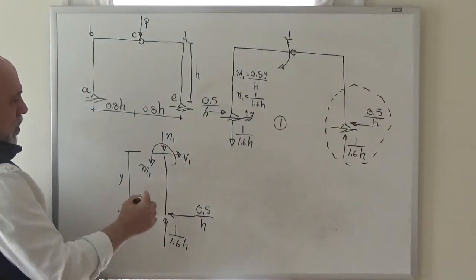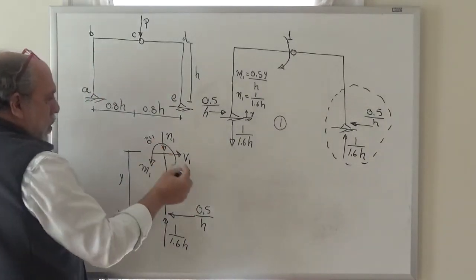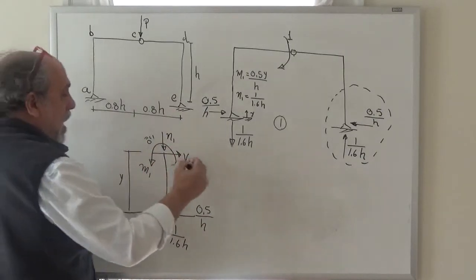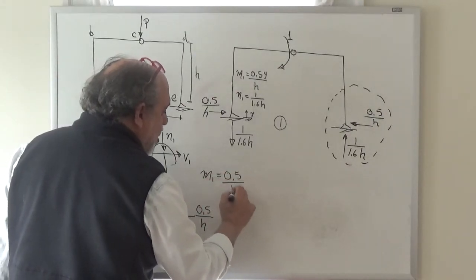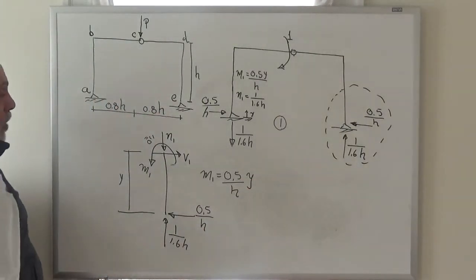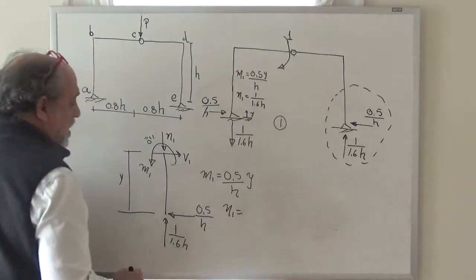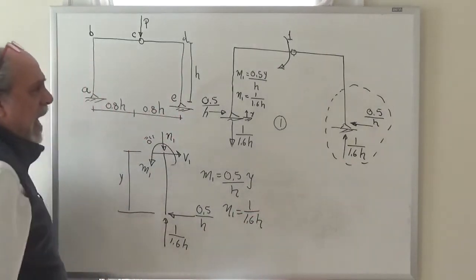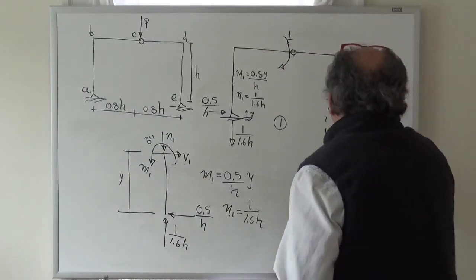Therefore, we can use our statics and say, summing moments about O, we would have minus M1 plus 0.5 h times y, and so we would find that M1 is equal to 0.5 h over h times y, right? So that would be our M1. Likewise, summing forces in the y direction, we would find that N1 is simply equal to 1 divided by 1.6 over h, and we can come here and transplant our results to the structure over that bar.